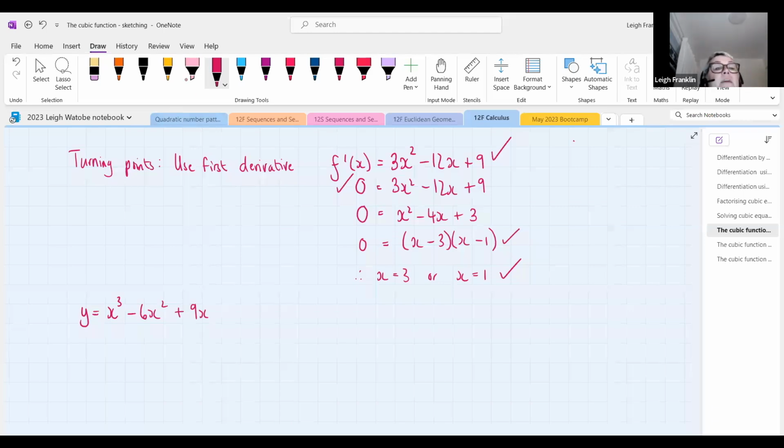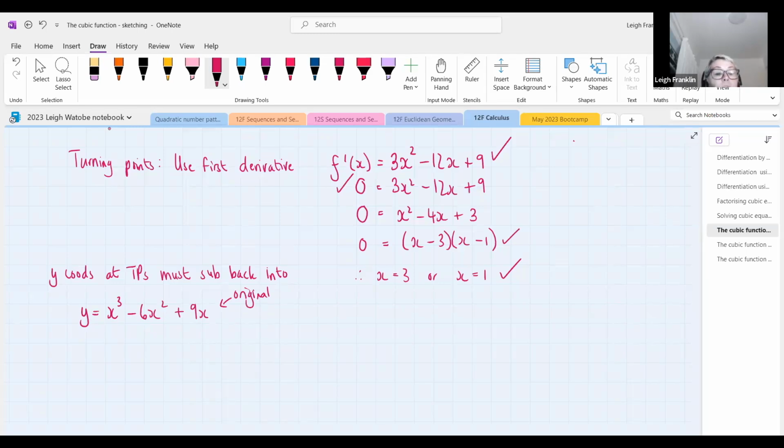To find the y coordinates at the turning points, you must sub back into the original, because these points lie on your original cubic function.